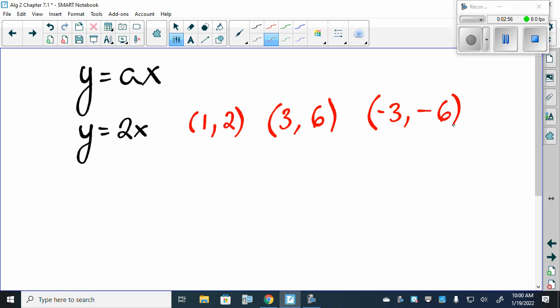Now we can have it as y equals a times x, or if I divide both sides by x, we get y divided by x is equal to a. And it doesn't have to stay in y divided by x. It could also be x divided by y. If we have the two variables being divided by each other, we get the constant term. Because again, a is just a constant number. So really, either one of these forms is still considered direct variation.